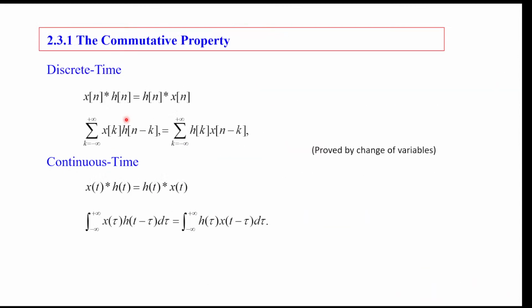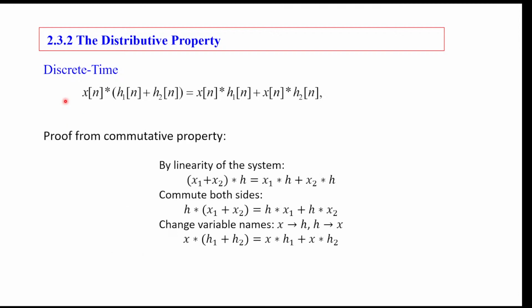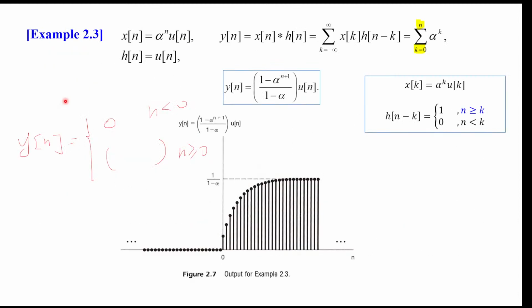And you also have the commutative property, saying that x convolved with h is the same as h convolved with x. So you see the convolution operation is a lot like multiplication, and that justifies why we write it like a multiplication of those two signals. But it's a very complicated kind of multiplication because you are multiplying two signals.